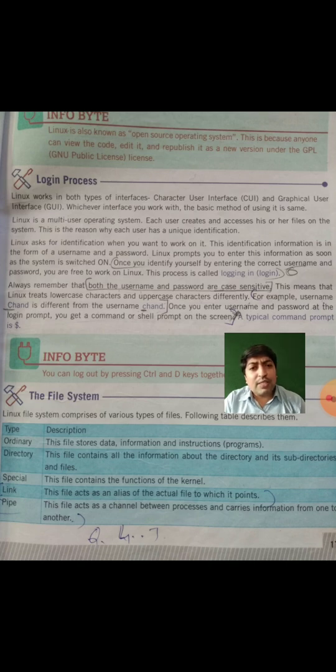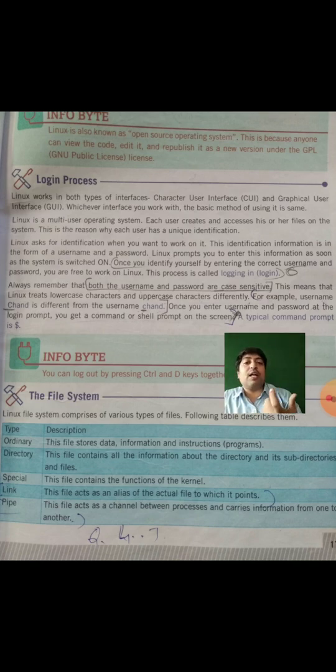Case sensitive means lowercase and uppercase. We regularly type some words in capital and some words in small letters, but whenever you give the username and password, keep in mind where you put the small letters and where you put the capital letters. So there are two types of cases, uppercase and lowercase.